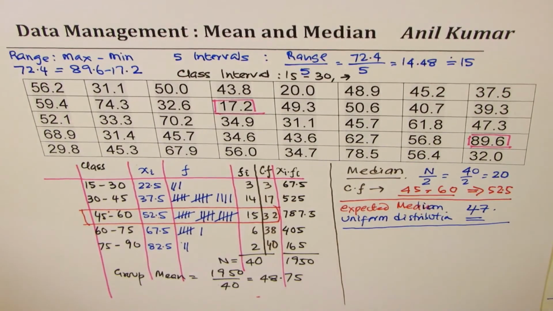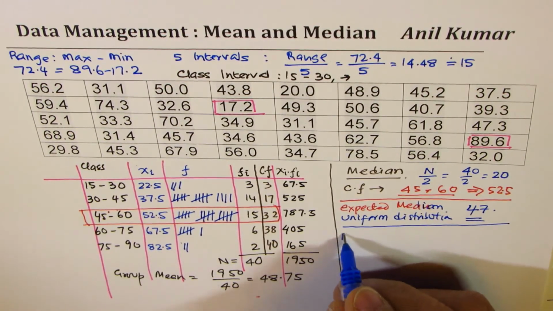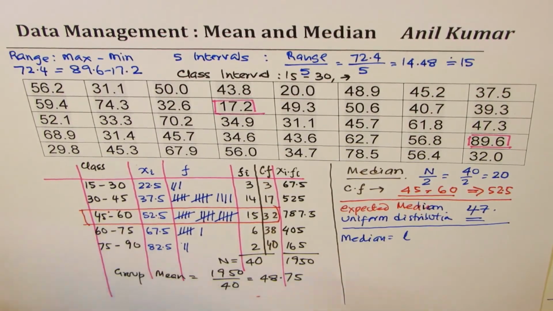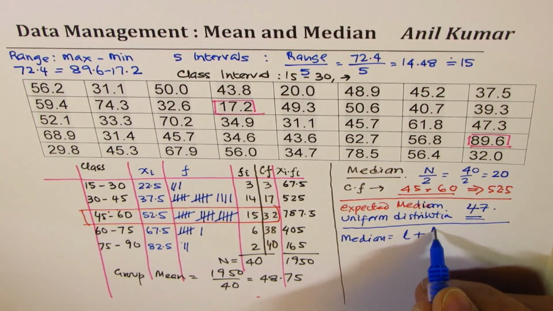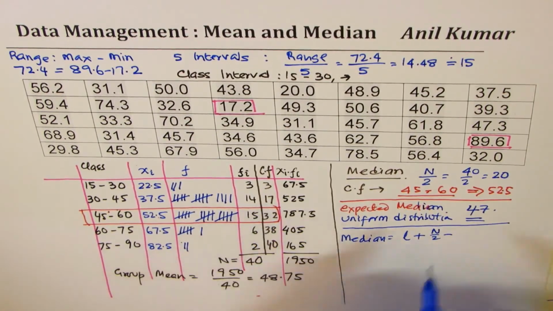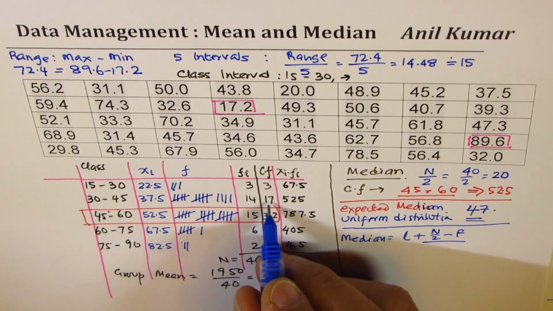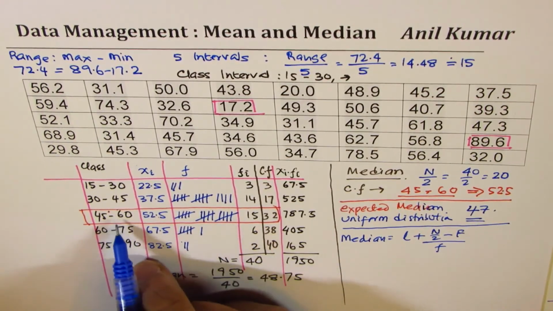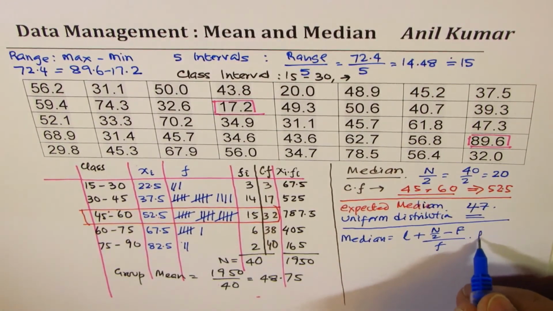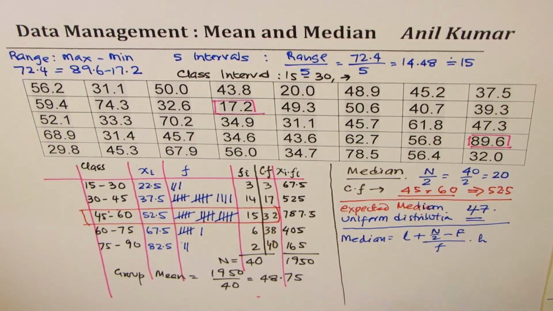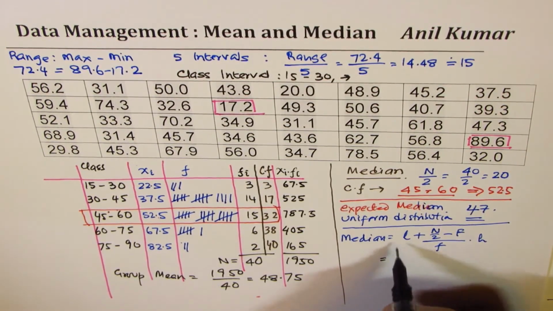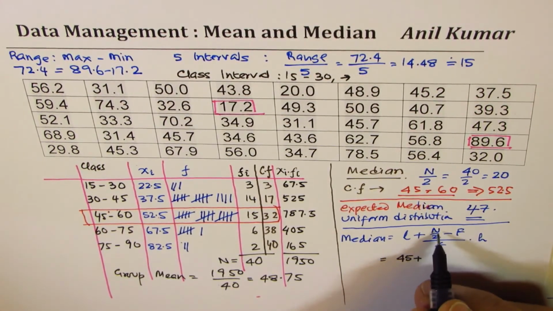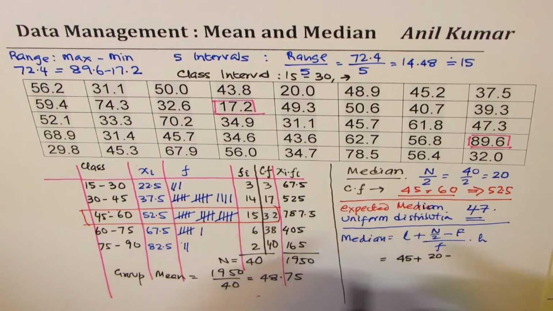Now, here is a formula also. We have a formula for median. We'll use the formula now. Formula is the lower value, which is 45, plus n by 2 minus the frequency of whatever earlier, divided by the number of frequencies within this group times h, which is 15 for us. So let's use the formula now for median. So L is 45 plus n by 2 we know is 20 minus 17.